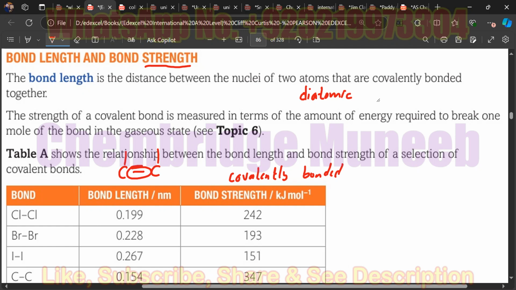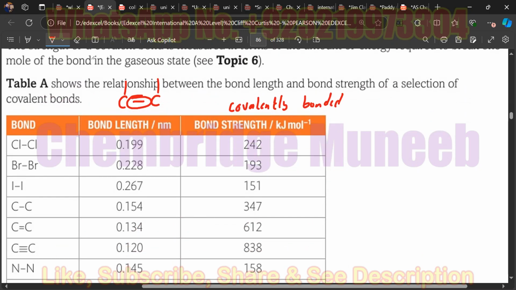mostly diatomic, or in some cases, for example sulfur, it contains even 8 atoms. So for the covalent radius, you should have the molecule of one element. It is an elemental molecule. But for the bond length, it can be the atom bonded with any other element's atom, not the same element.